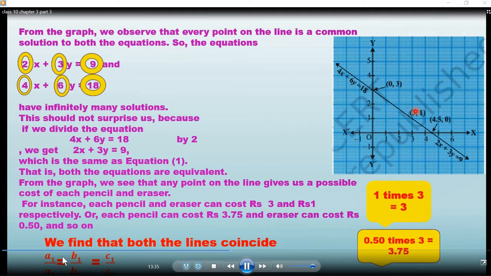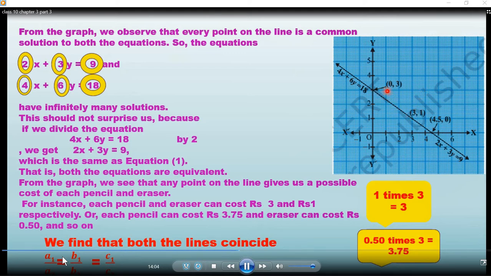Similarly, you can take the point 3 and 1 and replace the x and y with 3 and 1 respectively. You will get 9 and here you will get 18. Then you try 4.5 and 0. Again you will get the values 9 and 18. Now did you realize that I have taken more than one solution? In the previous graph, the two lines were intersecting and we had only a unique solution, one solution.